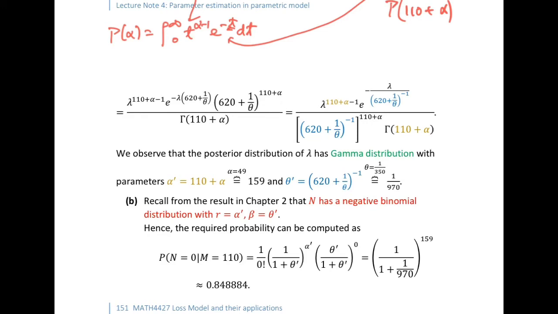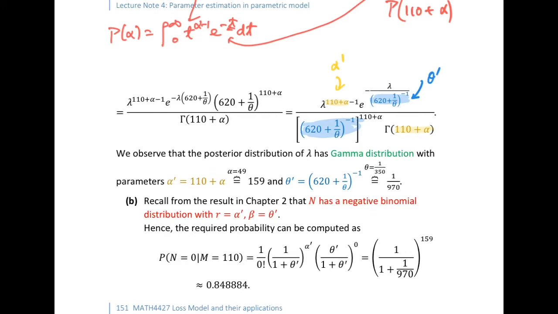Of course some of you may ask, why do we do it this way? By writing it in this form, let us take this number in gold as alpha prime, and the number in blue, I mean this one, as theta prime.